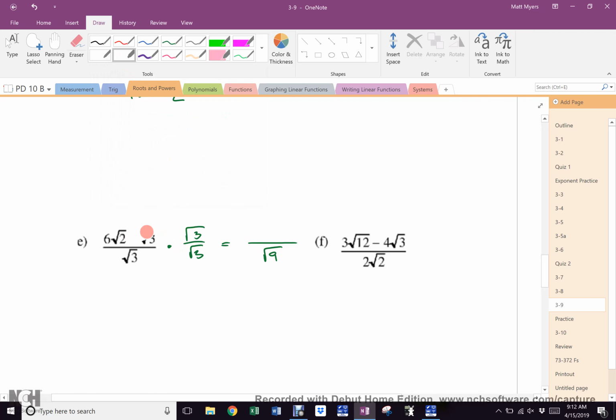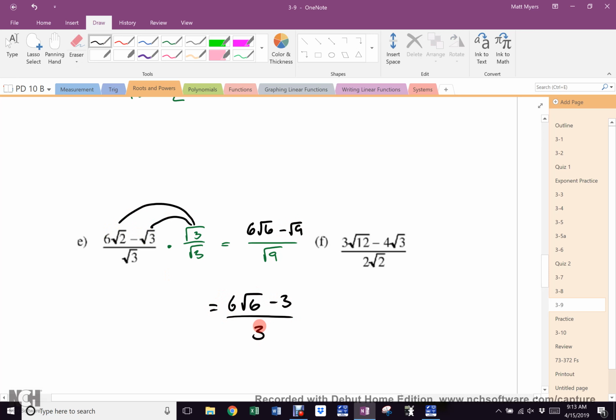If that wasn't there, what would it be? 6 root 6. If that wasn't there, what would it be? Minus root 9. So since they're both there, what did we actually do? We just distributed. And I get 6 root 6 minus 3 over 3.